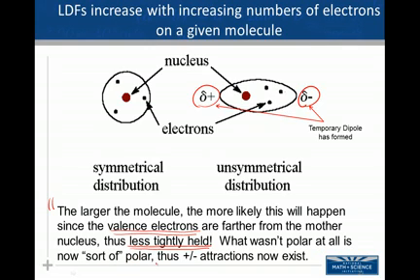Now, as soon as you get something sort of polar and you bring another molecule into the vicinity, if another molecule approaches, it's going to flip around in space to align its slight positive end with this negative end, and all of a sudden you don't have a chemical bond, but you have an attractive force.